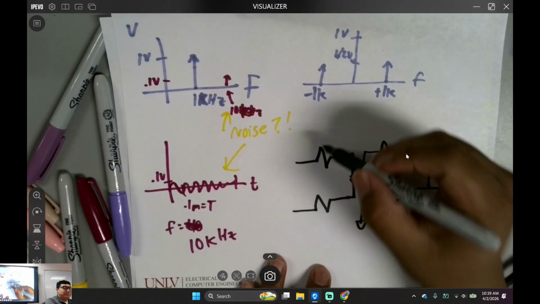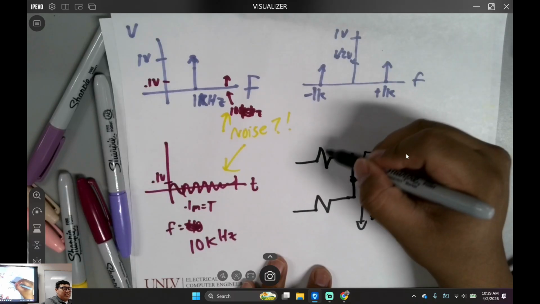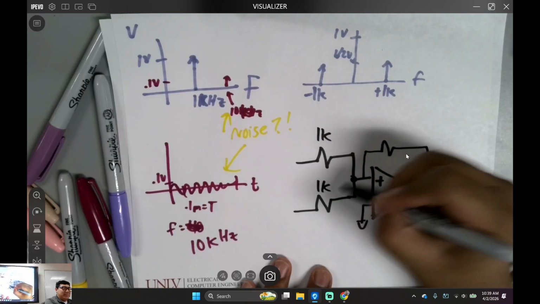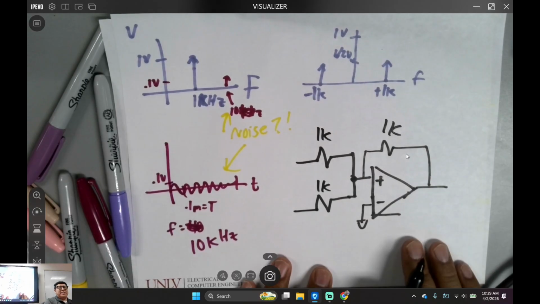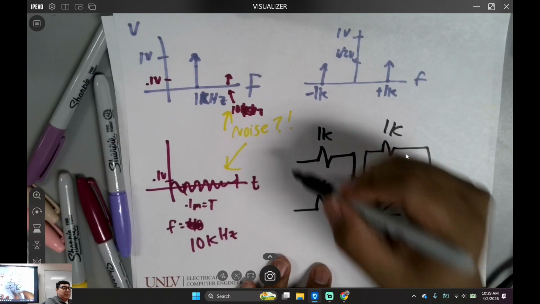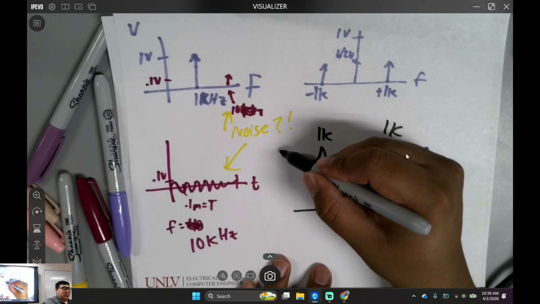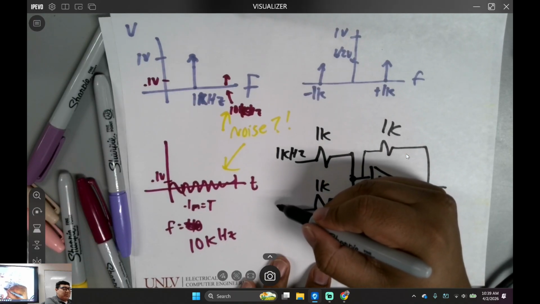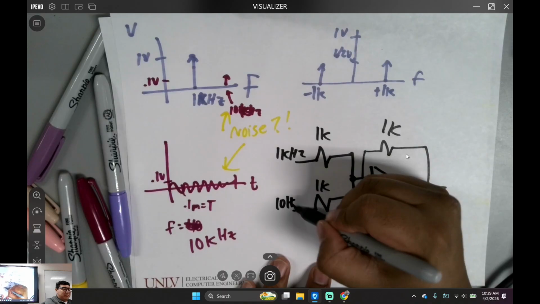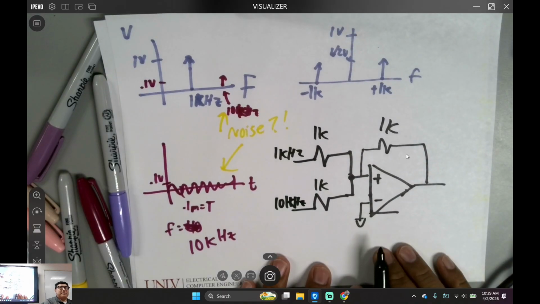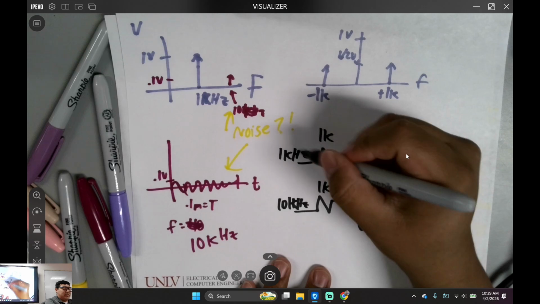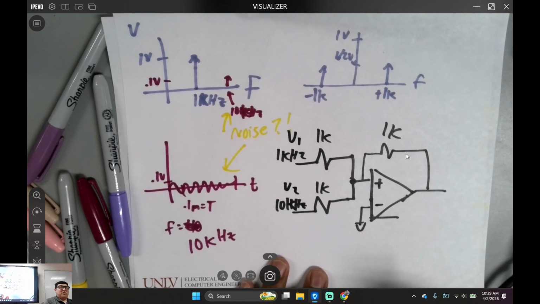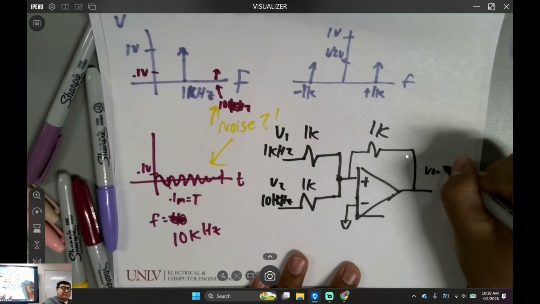Not that bad? I'm going to call this one 1K, 1K, 1K. Is that cool with everybody? And then I'm going to put the 1 kilohertz signal there, and the 10 kilohertz signal here. Or let me just do V1 and V2 to make it easier. And this is V out.